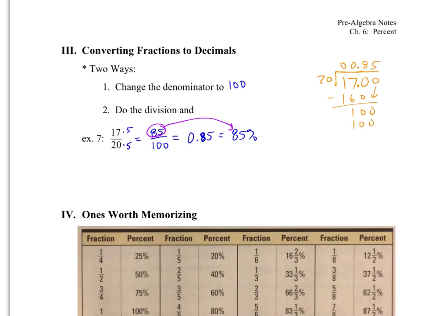So we still get 0.85. So you're going to do the division and then make a percent. And I should add in this title there, converting fractions to decimals / percents, because we are going to go also to a percent with that.